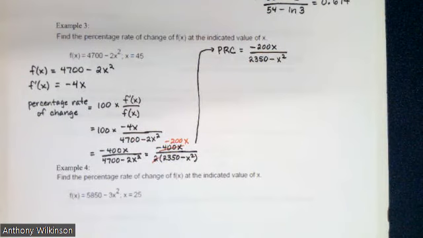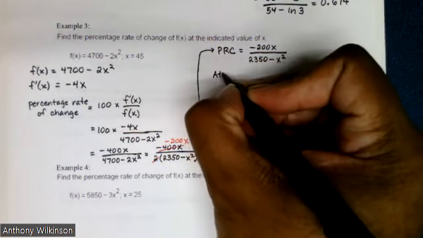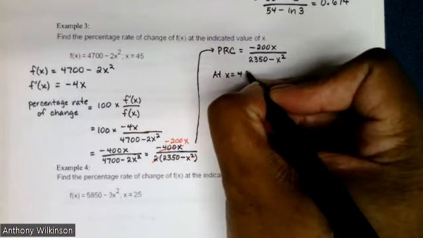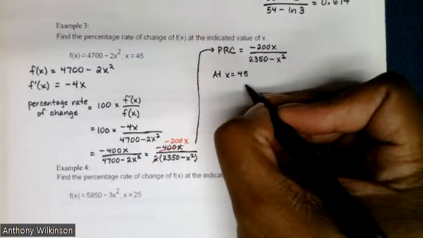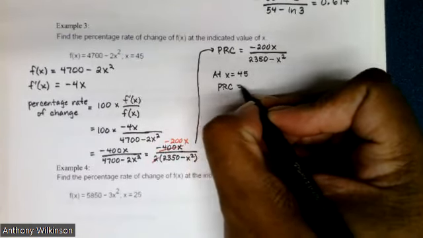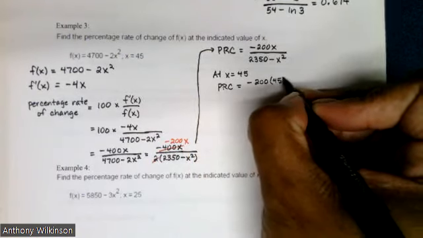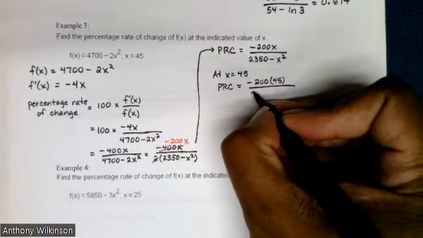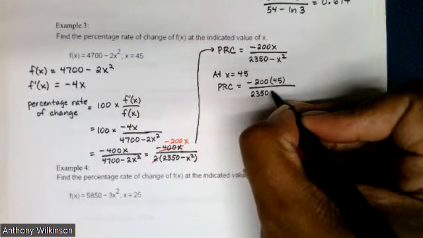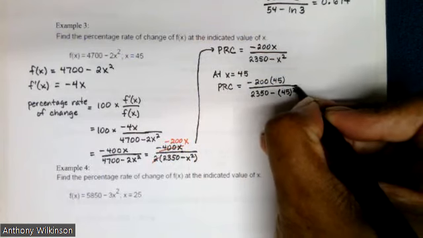Okay. Now for x is equal to 45. So now x is equal to 45. Your percentage rate of change, I'm going to label this as PRC again. That would be equal to negative 200 times x, which is 45, divided by 2,350 minus x, which is 45, and that's going to be squared.